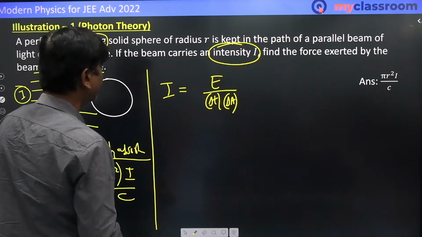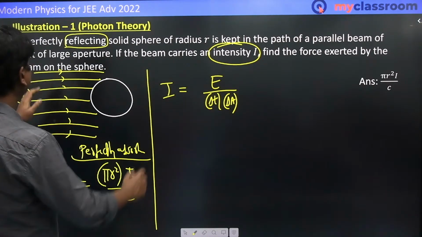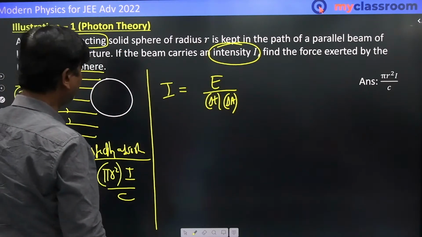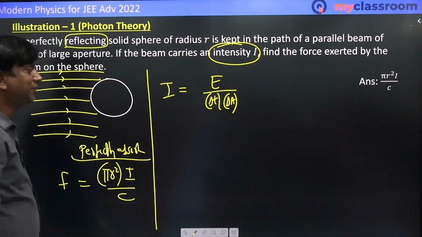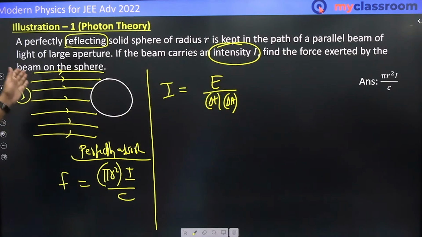So I'll draw the figure. There is a reflecting solid sphere. Now it is reflecting, it is not absorbing. How much force is it going to exert? What is the force exerted by the beam on the sphere when it is perfectly reflecting?